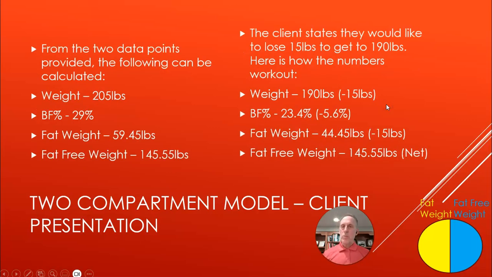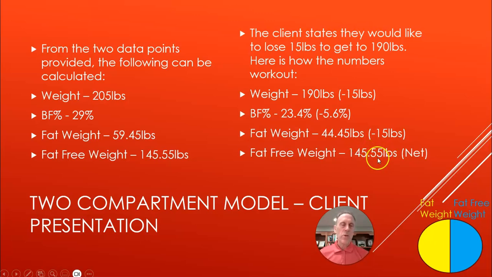And then when you talk with people about where they can go with this, your client tells you they would like to lose 15 pounds to get to 190. Okay, so here's what we know. Here's our baseline. If you lose 15 pounds and our fat-free weight doesn't change, so we're still at 145.5, but I will tell you, with some strength training, that number will probably go up maybe a pound or so.